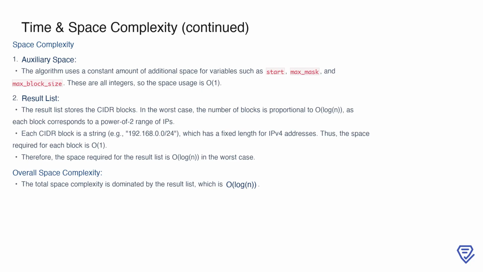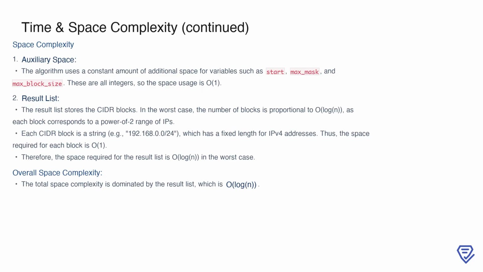In the worst case, the number of CIDR blocks is proportional to O(log n), as the algorithm minimizes the number of blocks by covering ranges of IPs using powers of 2. Each CIDR block is represented as a fixed-length string in IPv4 format, so the space required for each block is O(1). Therefore, the total space used by the result list grows logarithmically with n. Combining these factors, the overall space complexity of the algorithm is O(log n), dominated by the storage requirements of the result list.